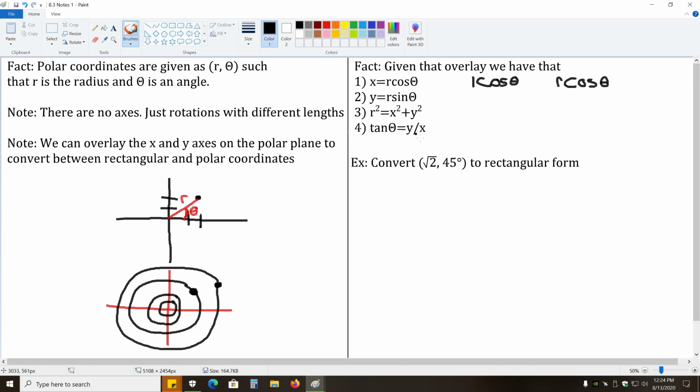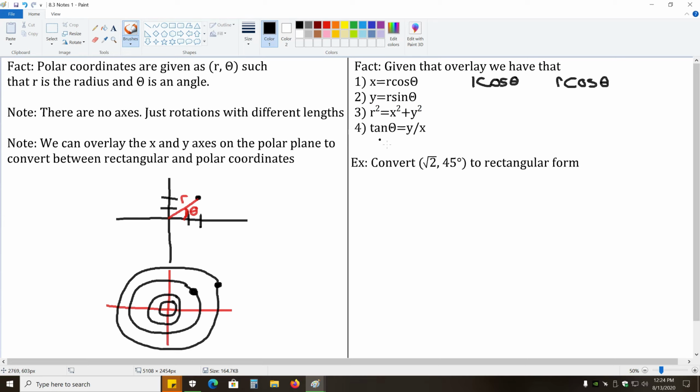And from there, given x and y also, we can use y divided by x equals tangent theta, and then take tangent inverse of each side to solve for theta. We just need to make note of what quadrant we're in, so we know what angle to pick.